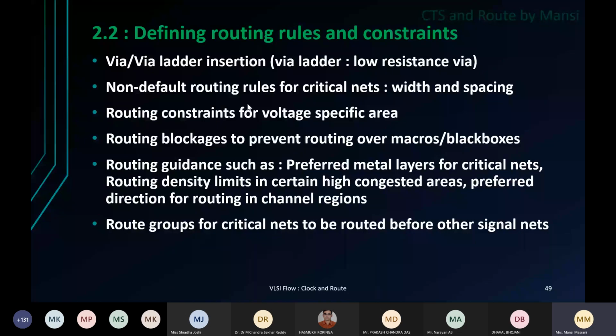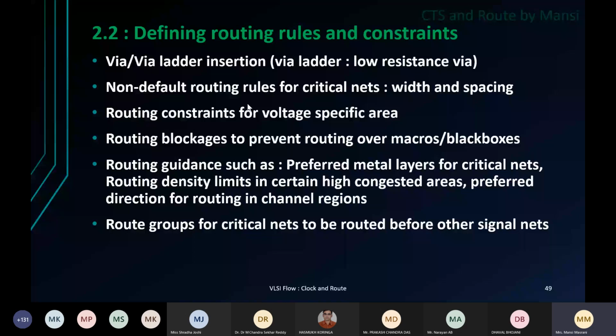Then routing groups. These groups are actually the same as skew groups for clocks. The way we told clocks that you have to divide flops into chunks and balance skew for them in chunks, same way for critical nets also we define route groups, which means you have to route these groups before you route any of the nets nearby.